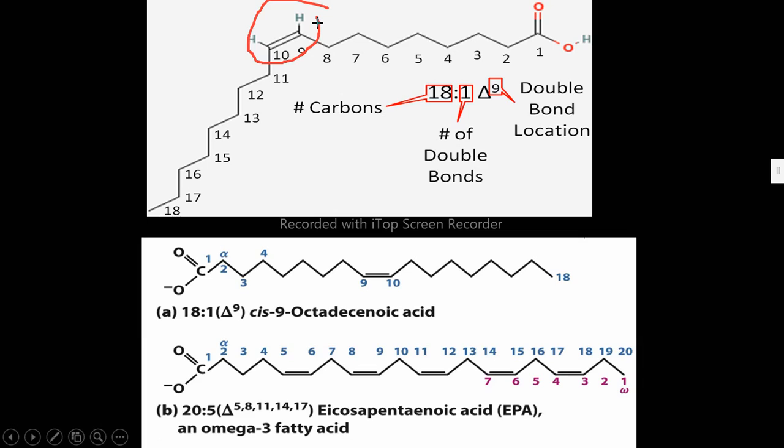Now, you write 18, and the 18 shows the number of carbon atoms. And then you write 1. This 1 shows the number of double bonds. And then you write the triangle, and then you put the 9. The 9 shows the position of the double bond.